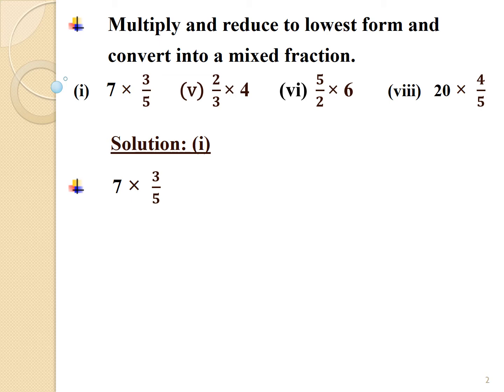That is, you have to multiply the numerator of the first fraction by the numerator of the second fraction and the denominator of the first fraction by the denominator of the second fraction. In short, you have to remember a rule that product of fractions equals product of their numerators upon product of their denominators.